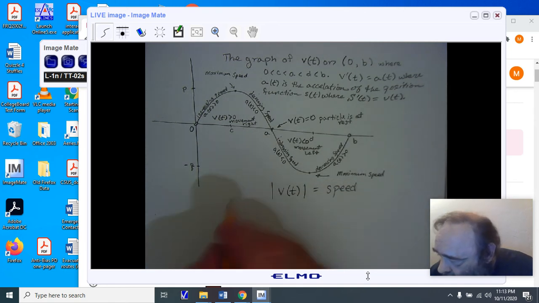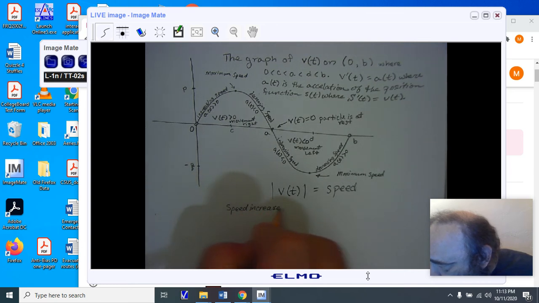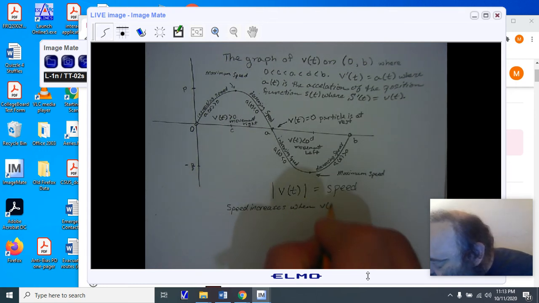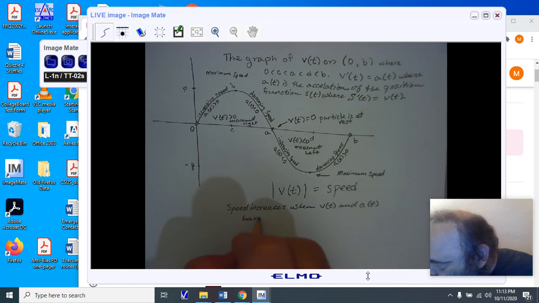So we can now start making some generalizations about speed increasing. Speed increases when velocity v of t and acceleration a of t have the same sign.